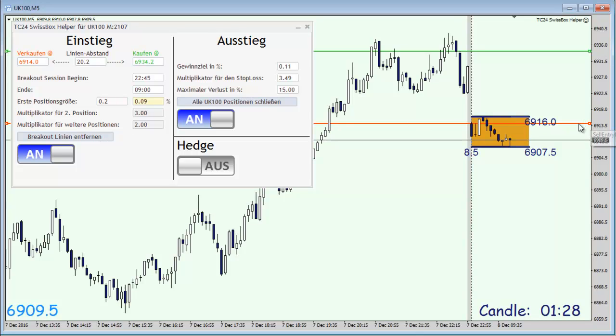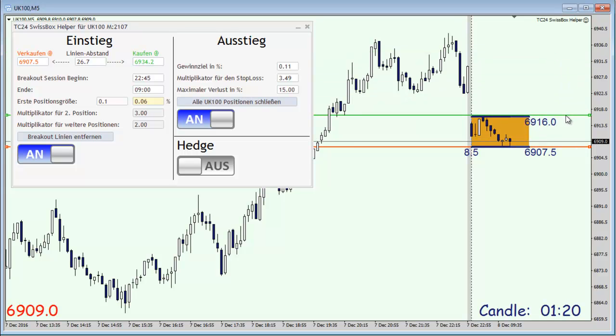So let's pull the lines into the chart. The red is the sell entry line, and on the top the green is the buy entry line. I'm going to determine the risk of the first position, which is around 10% of our account balance. Perfect, here it is.